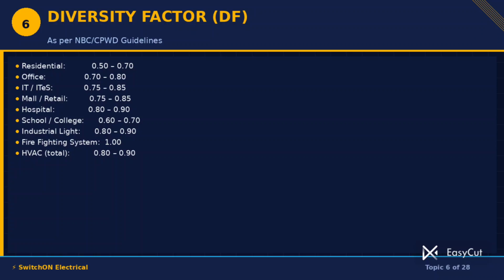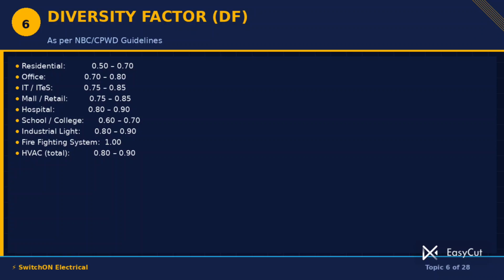But usually we will not represent the diversity factor as 1, 2, 4 like that. We usually give it as a fraction, like 0.5, 0.2, 0.7. So it is very important how much diversity factor you are going to apply in a particular area.